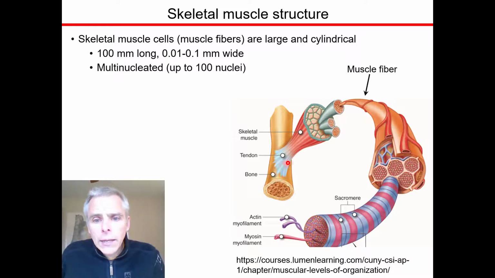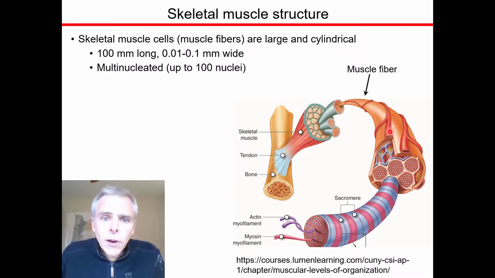The bone has a tendon that's attaching it to our skeletal muscle. The skeletal muscle is divided up into subsections, and within those subsections there are muscle fibers. Those muscle fibers are our individual cells, and as you can see from this diagram, they are these long cylindrical cells. They are roughly 100 millimeters long.